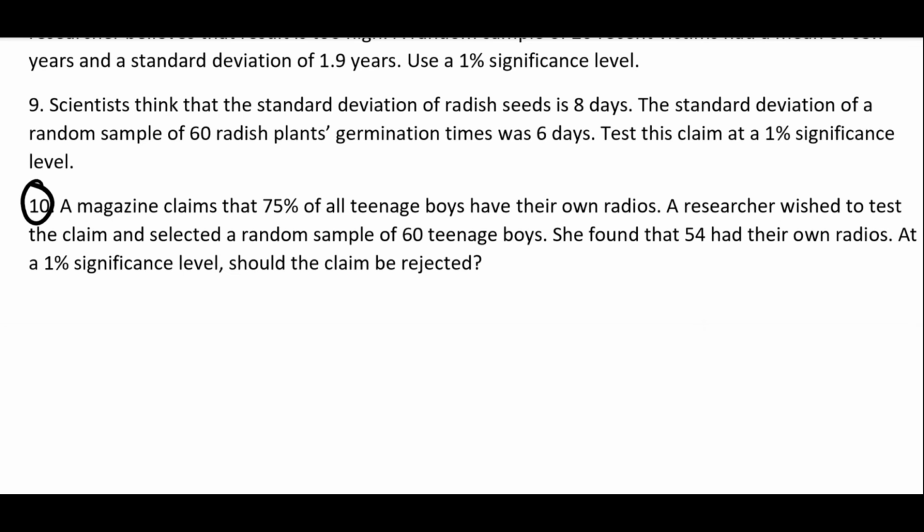All right, so first off, just by looking at the problem, we're dealing with a percentage here, which means we're dealing with a proportion. The claim was that 75% of the teenage boys have their own radios. So that means that's p. p is 75% or 0.75. That's our claim here, first off.